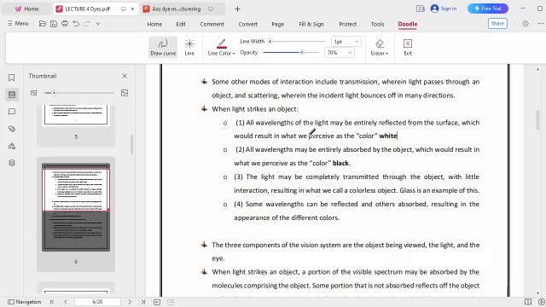And then sometimes light can be reflected, which means it's bouncing off from a substrate. Sometimes light can be scattered, which means it bounces off a substrate in different directions. So if light is reflected, we perceive color as white.